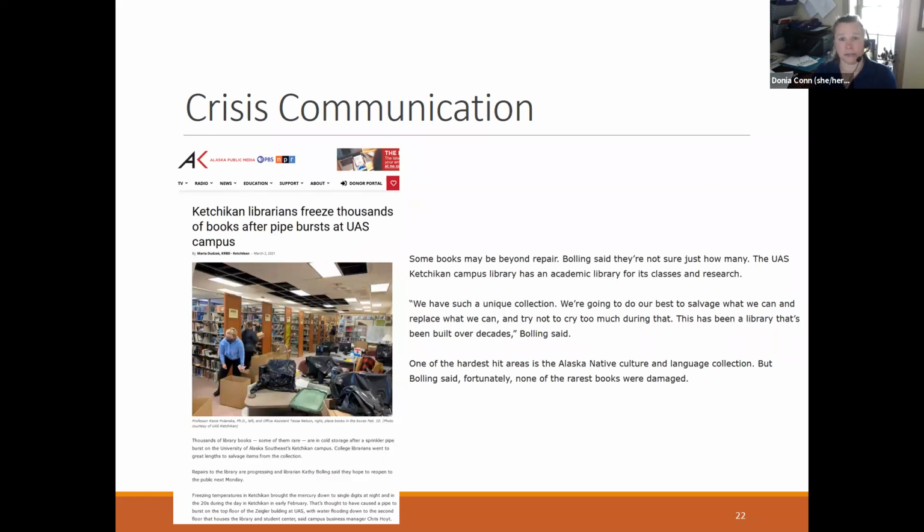You need to communicate with each other during that immediate response to ensure everyone is safe. And then you need to make sure that you're communicating with people who may not be there that day about what's going on. So you're constantly communicating in that immediate response within your own staff, but then also with outside entities that you would need.